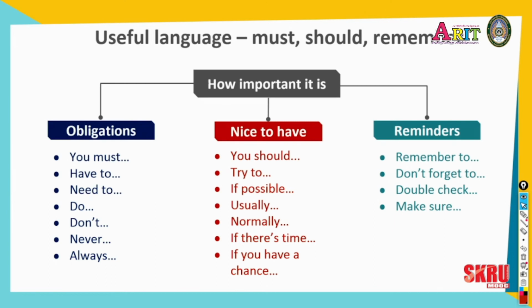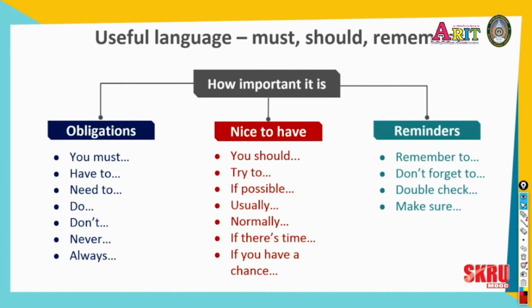Things that are nice, the process may still happen, and it may not be absolutely essential, but it makes the process go more smoothly or in a better fashion. And if we want to remind the person about a particular task, whether it's an obligation or a nice to have, some things we can use as phrases for reminders.